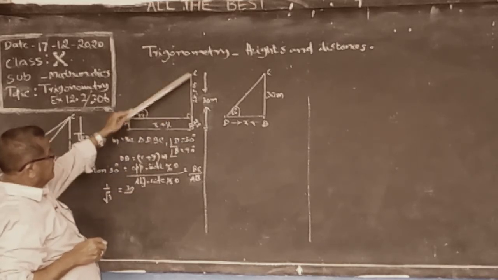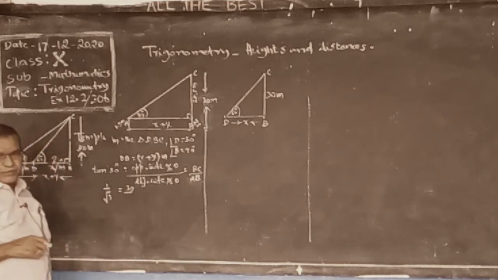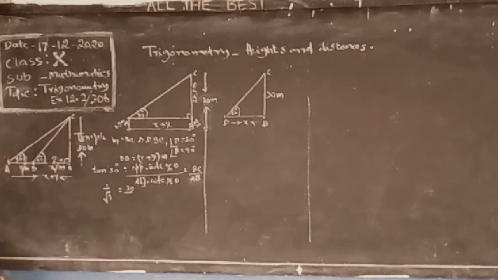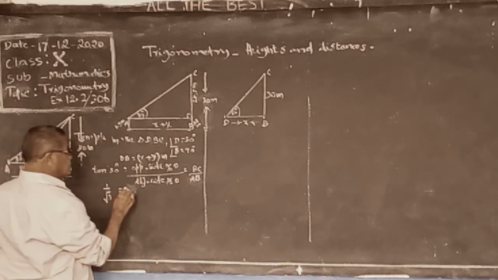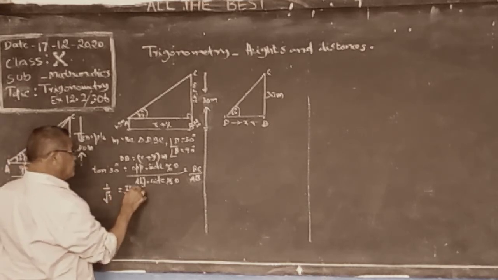Then the height of the temple from eye level is 28.5.